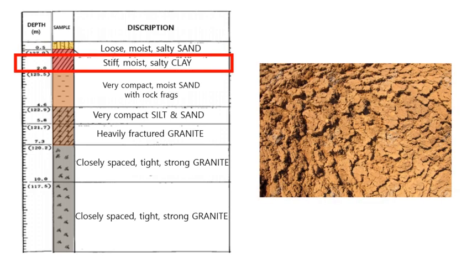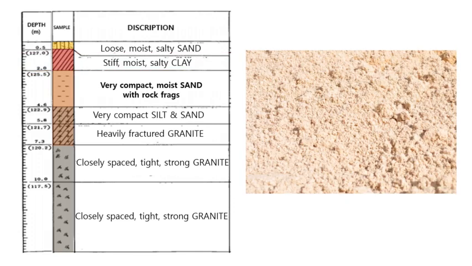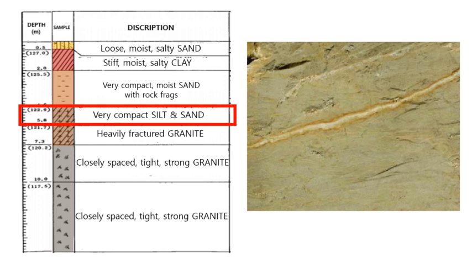Up to 2.0 meters, it consists of stiff, moist, silty clay. Up to 4.6 meters, it consists of very compact moist sand with rock flakes. Up to 5.8 meters, it consists of very compact silt and sand.